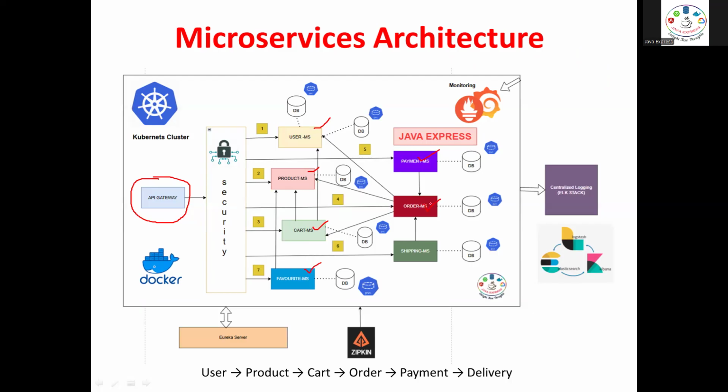On a day-to-day basis, if you go to any e-commerce website, you can search for a product, add the product to the cart, then proceed to checkout, then create a payment, and then it will go for shipping. Normally this is a typical workflow for an e-commerce based application. The same we are going to implement as part of this real-time Java project, guys.